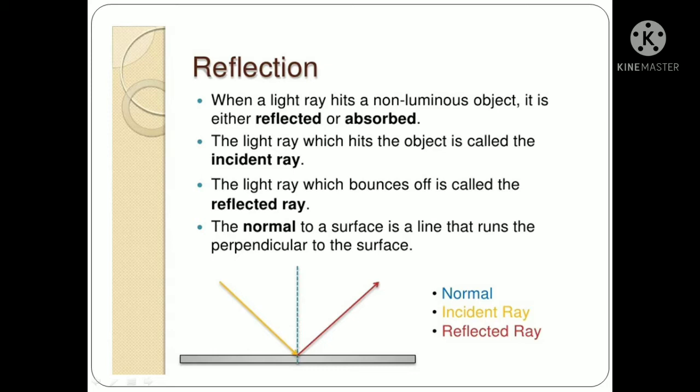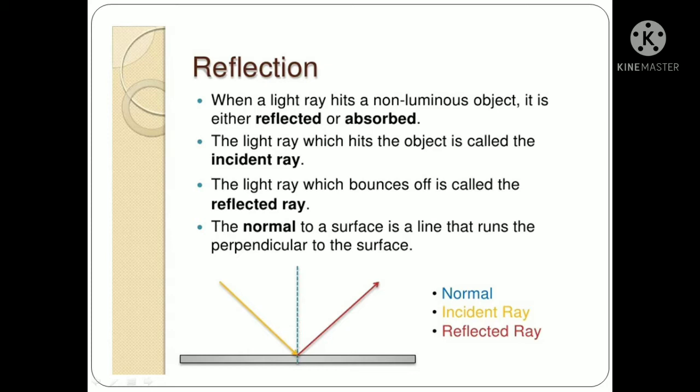We can't actually see the normal line, but we assume it. The angle should be equal: whatever the angle is from the incident ray, the yellow line, to the blue line, and from the blue line to the red line, both angles should be the same.